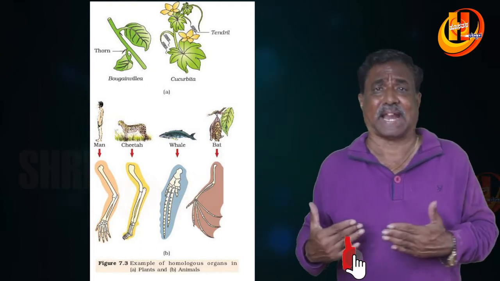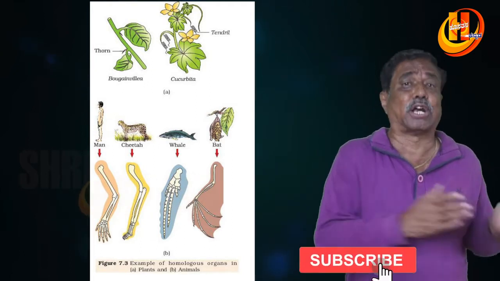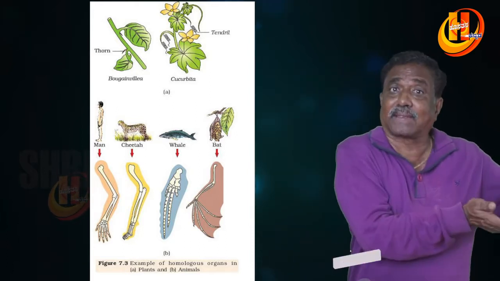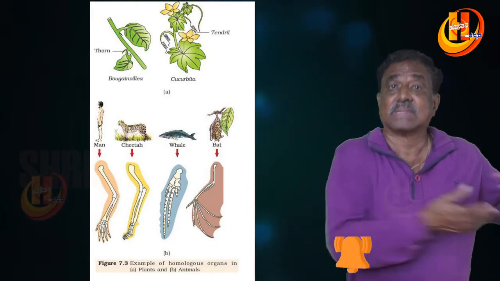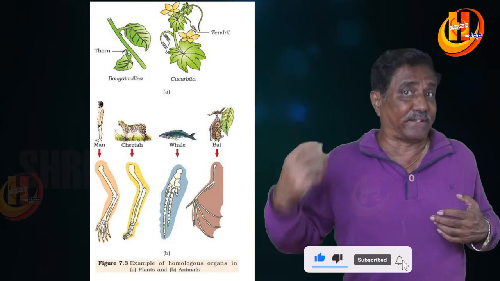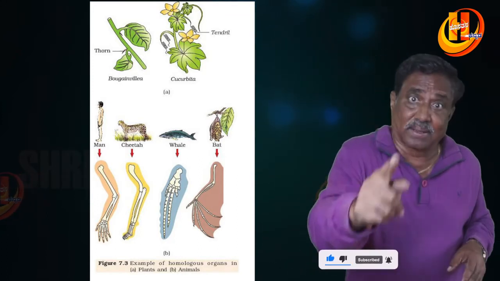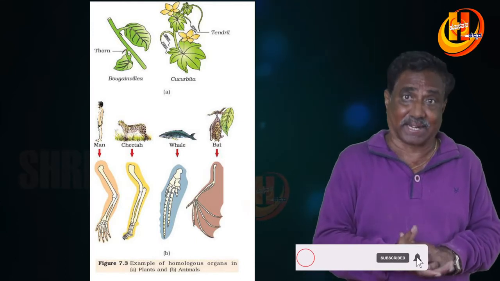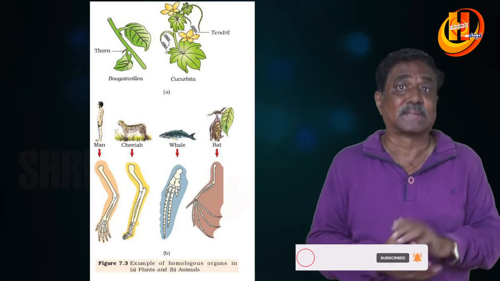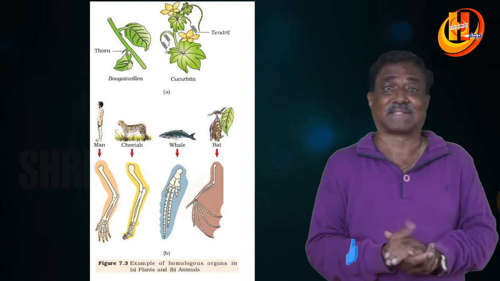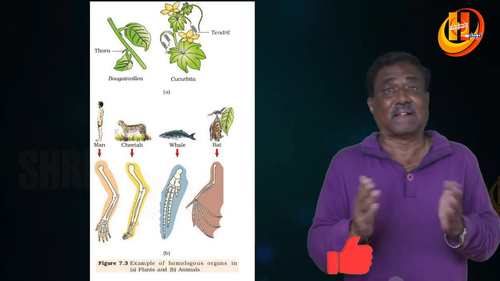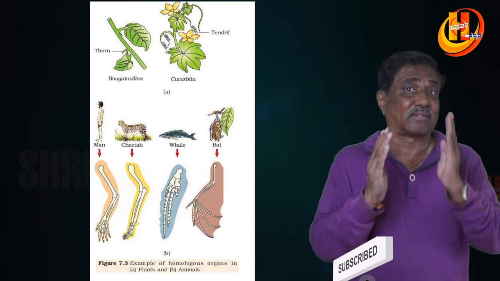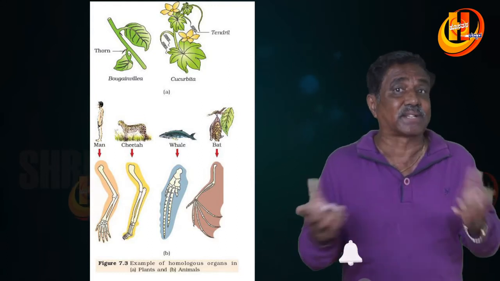For example, in plants, sweet potato and potato. Sweet potato is a modified root and potato is a modified stem, but similar function with different structure. Similarly, the eyes of octopus and the eyes of mammals have similar function but different structure.